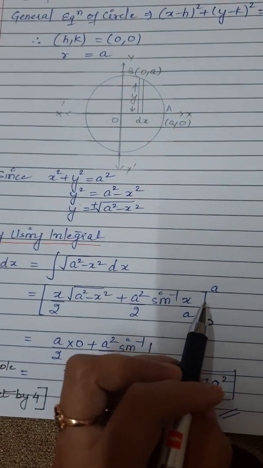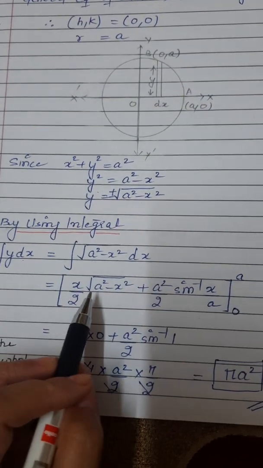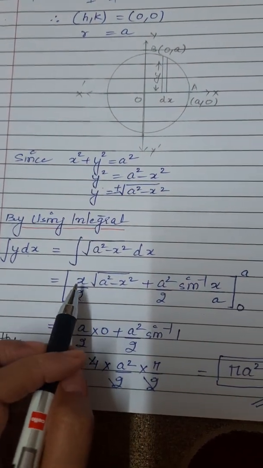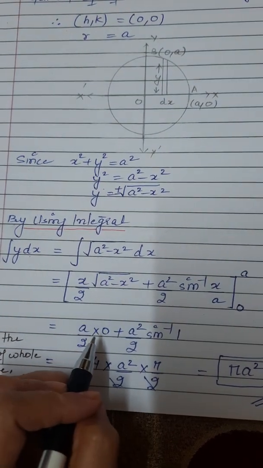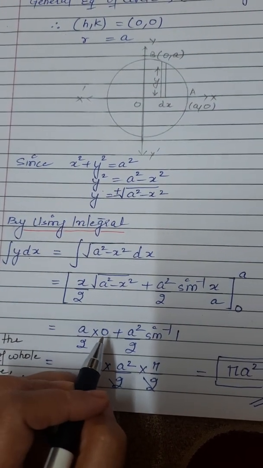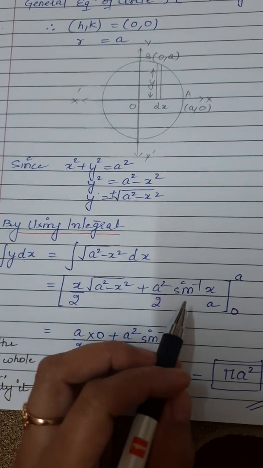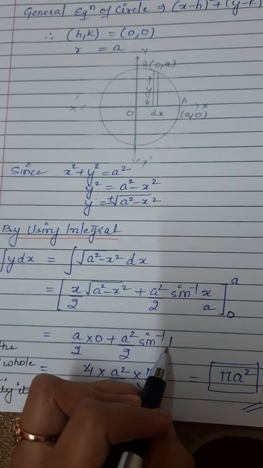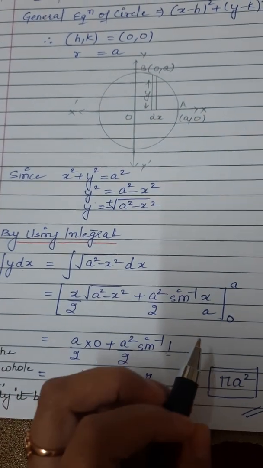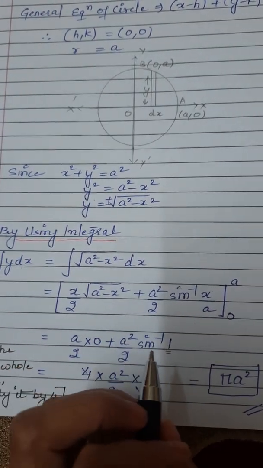Now put the value a in this. You will get a by 2, a square minus a square is equal to 0, so into 0, plus a square upon 2 sine inverse a by a, which is equal to 1. Now when you put 0, the whole expression becomes 0.